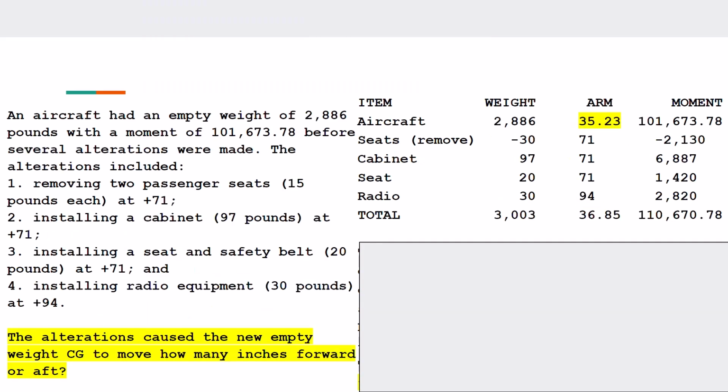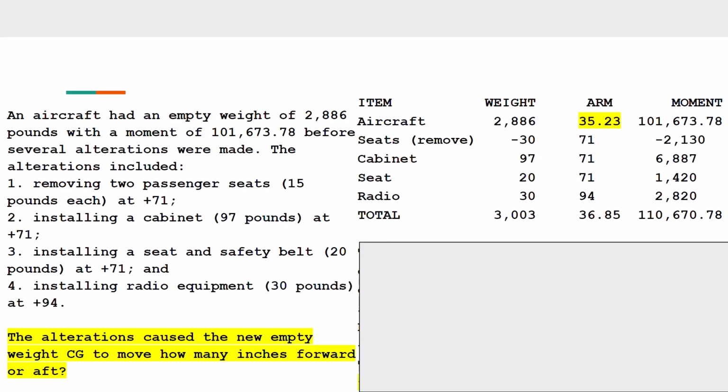Question number 2. An aircraft has an empty weight of 2,886 pounds with a moment of 101,673.78, before several alterations were made.